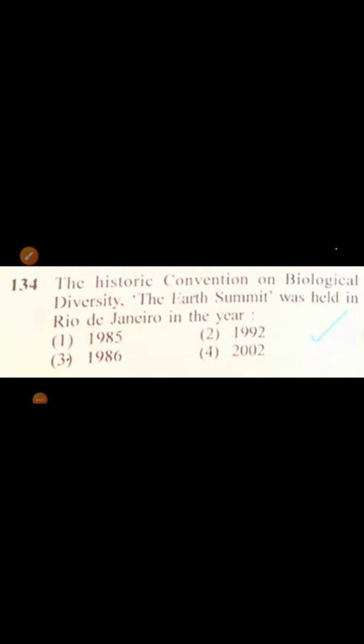Historic convention on biological diversity. The Earth Summit was held in Rio de Janeiro in which year? 1985, 1992, 1986 or 2002. So the correct option is second, 1992.